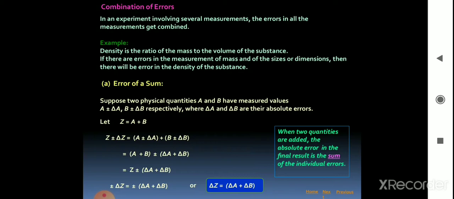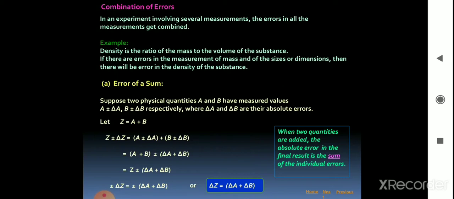Now we have to do addition. Z plus or minus delta Z is equal to A plus or minus delta A plus B plus or minus delta B. The maximum.